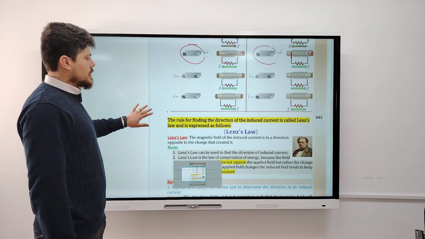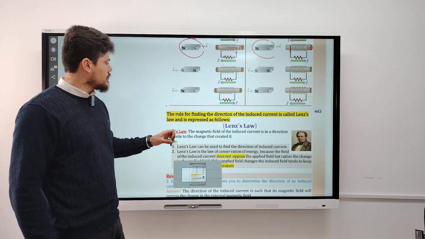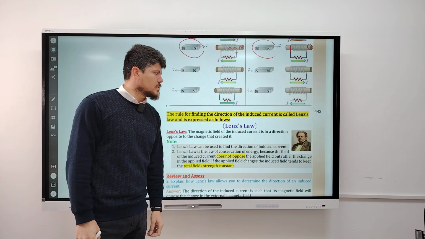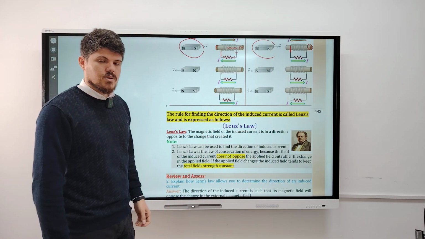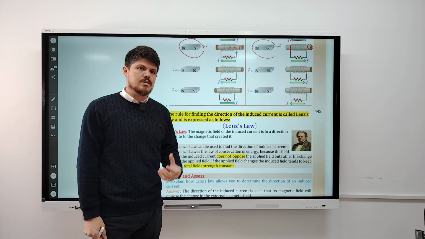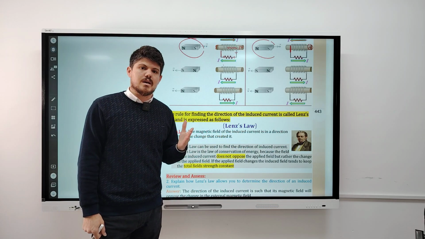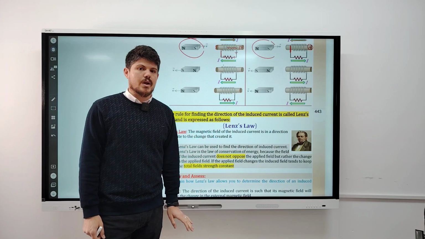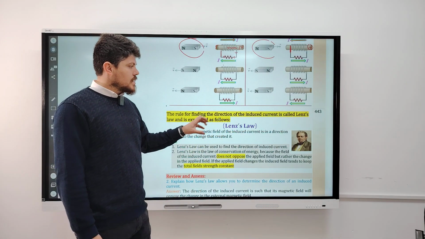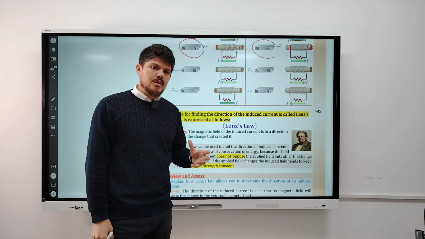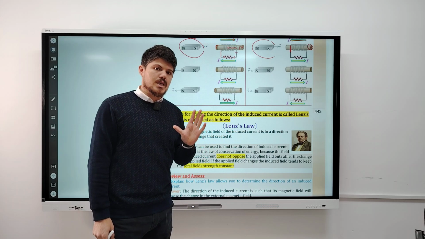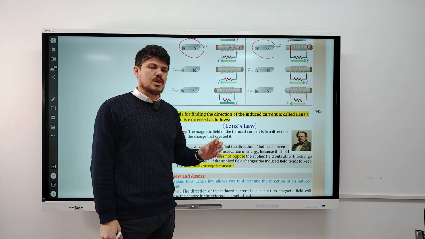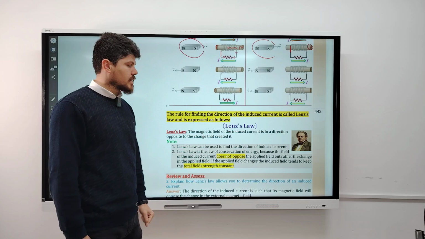The rule for finding the direction of the induced current is called Lenz's law. It means that Lenz's law provides information for finding the direction of the induced current, not its magnitude. By using Lenz's law, we can find the direction of the induced current that results from the change of the magnetic flux through the circuit.